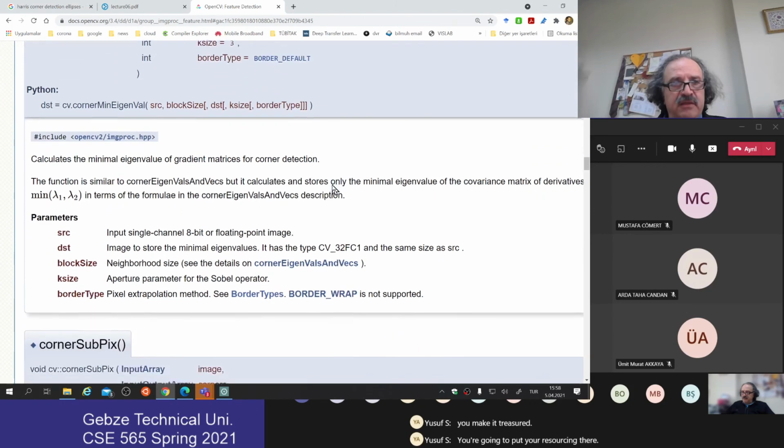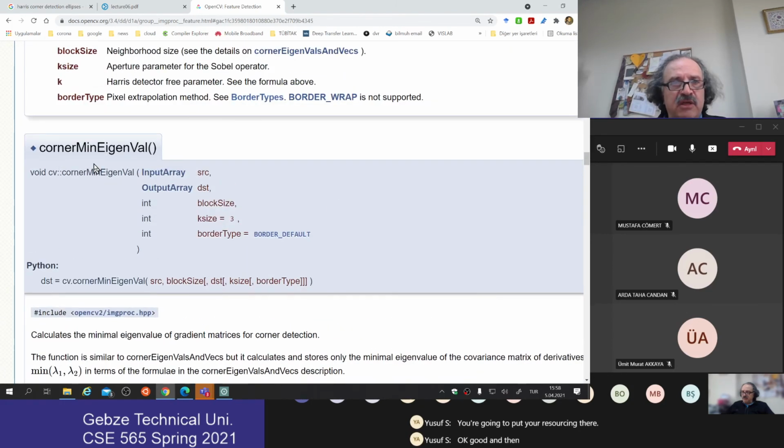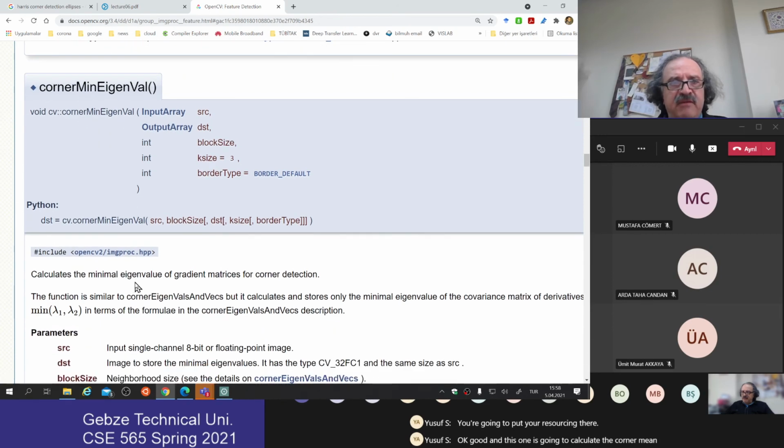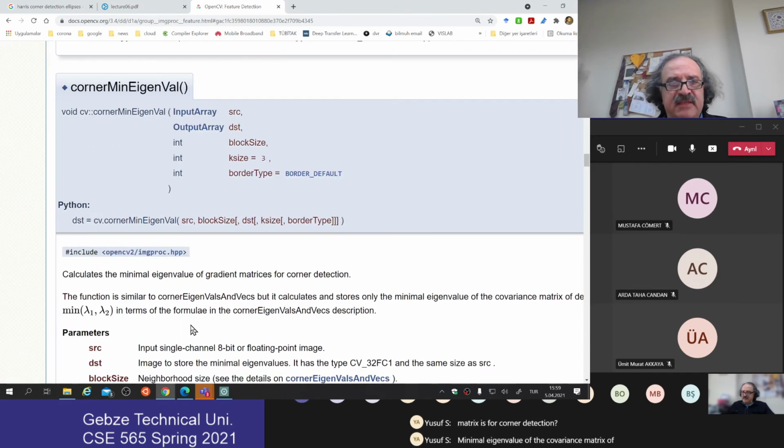Okay, good. And this one is going to calculate the corner min eigenvalue. What is the minimal eigenvalue of the gradient matrices for corner detection? Minimal eigenvalue of the covariance matrix of derivatives, that is the minimum of it. Not the maximum, but the minimum of it.